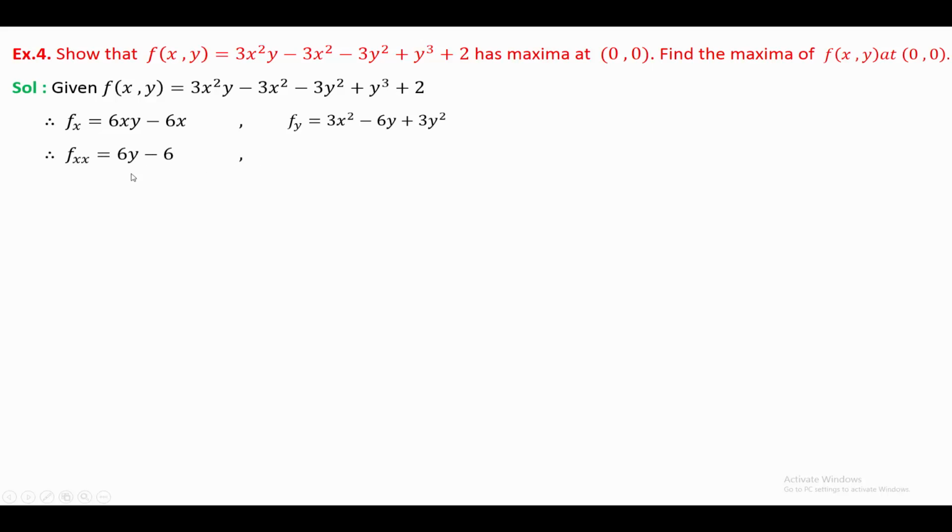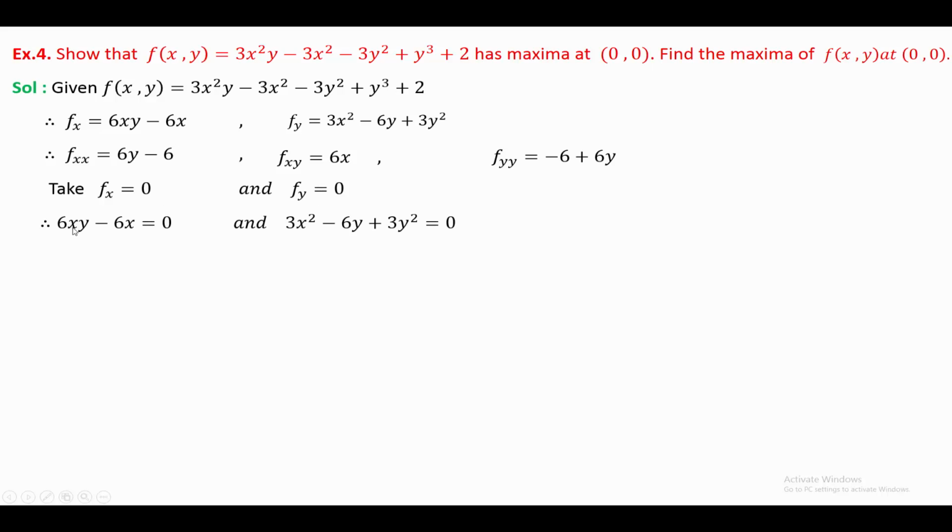Then f double x, partial derivative of fx with respect to x, 6y minus 6. f of xy means partial derivative of fy with respect to x is 6x, derivative of 6y 0, derivative of 3y square 0. f double y, partial derivative of fy with respect to y, derivative of 3x square 0, minus 6 and plus 6y.